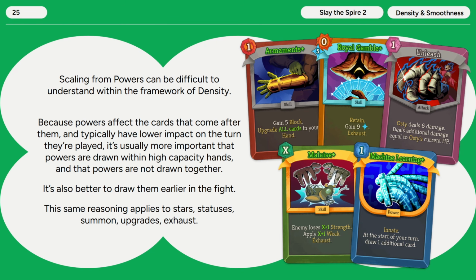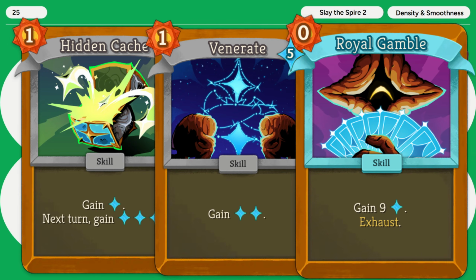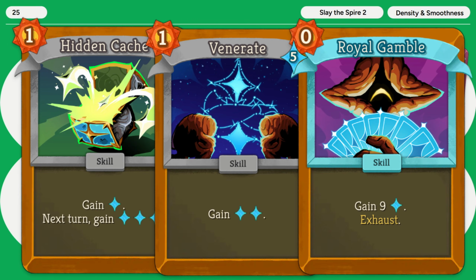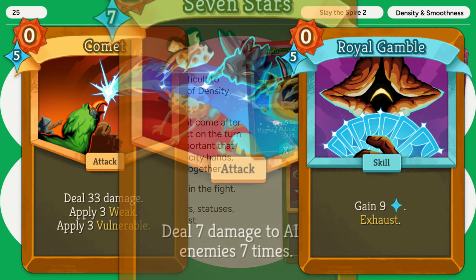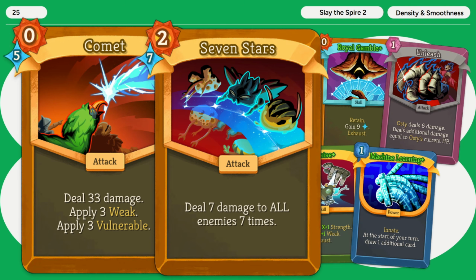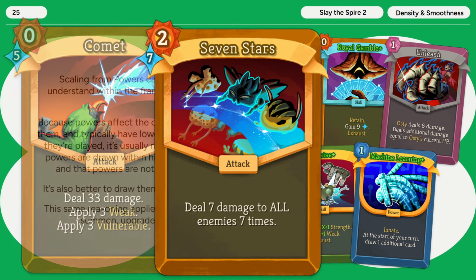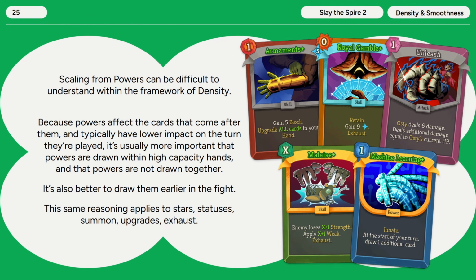If you get 12 stars by the bottom of your draw pile, because you got to go Cache into Venerate into Royal Gamble, it doesn't really matter if you skipped playing your Comet and you skipped playing your 7 stars to get to that point. Deck ordering matters here as well. And so powers are a part of the game, and scaling in general, cards like armaments as well, they're a part of a game that respects the order of your deck quite a lot.